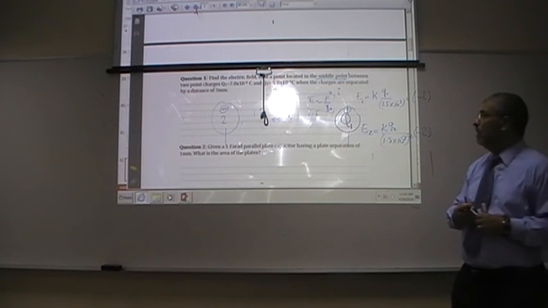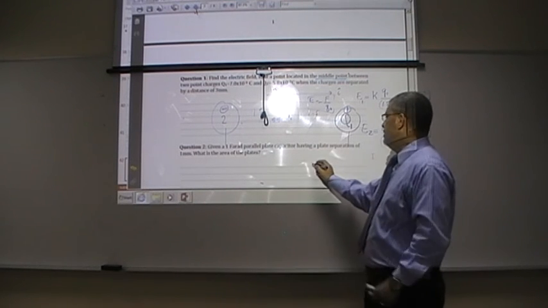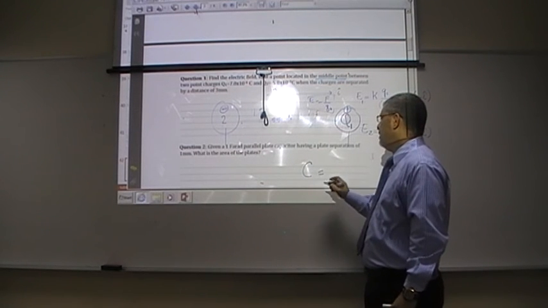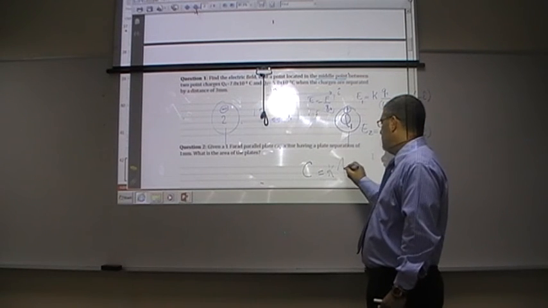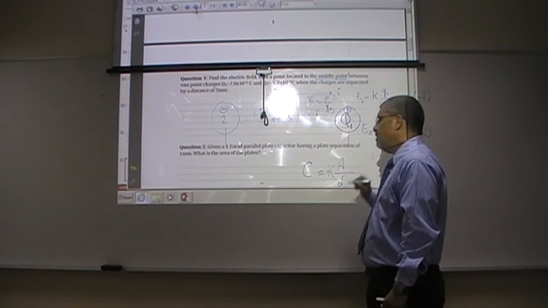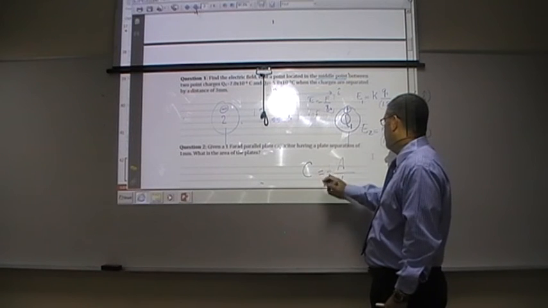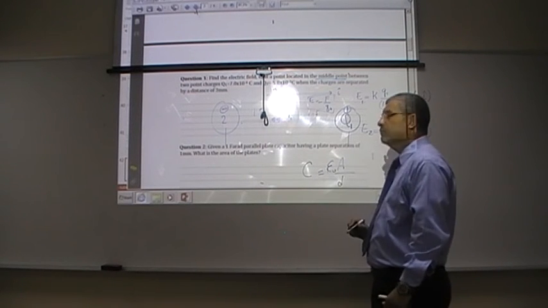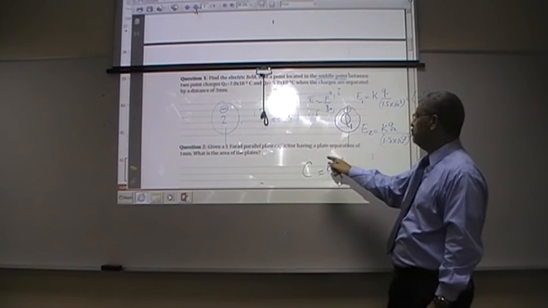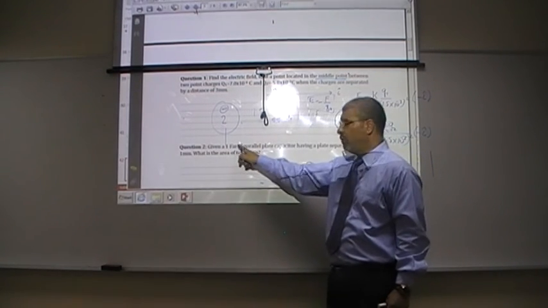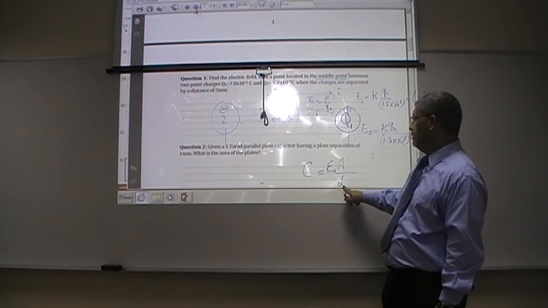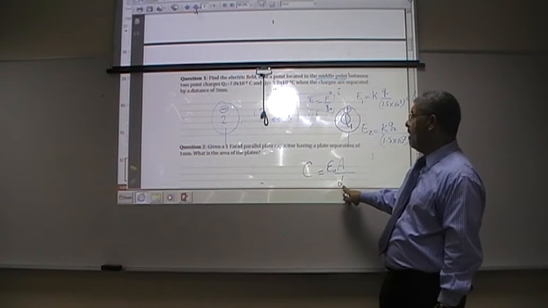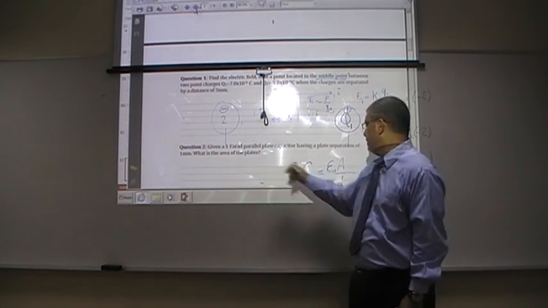Okay? All right, so here C, if you remember from the beginning of the class, is equal to epsilon A divided by D. Right. C, he told me it's 1 farad. Epsilon is known. The separation is D, and he wants the area.